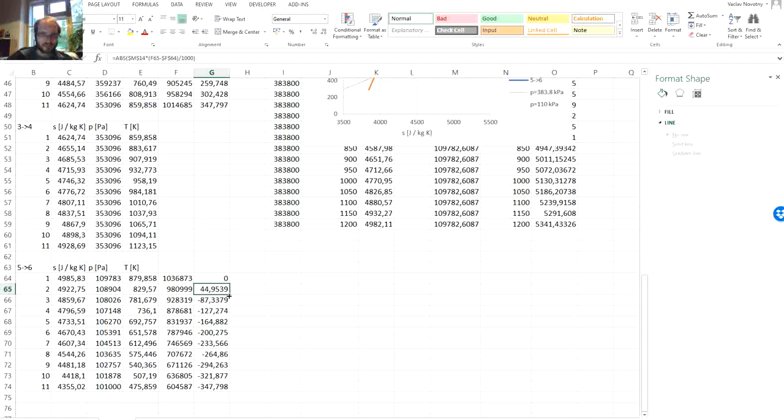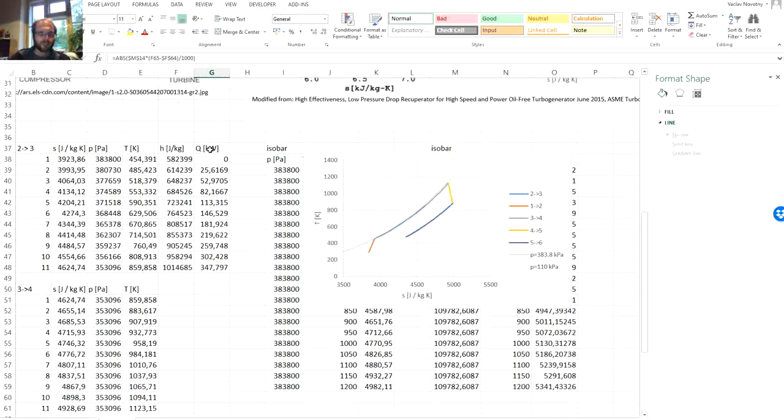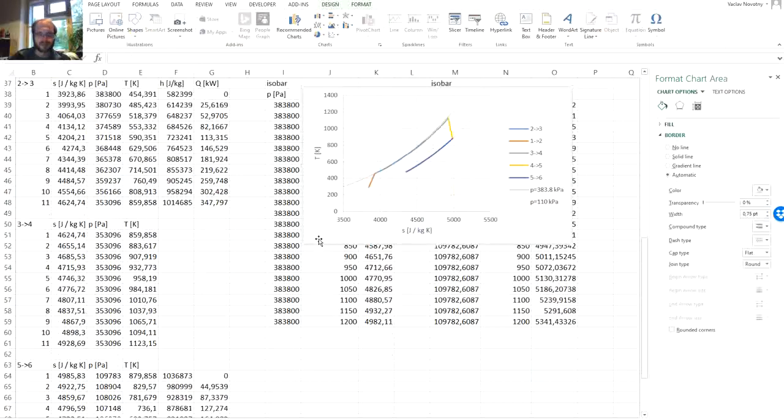So basically what we could do in general is always have the functions as absolute. And now we have the heat. We still have the temperatures from before. So let's use our previous graph.